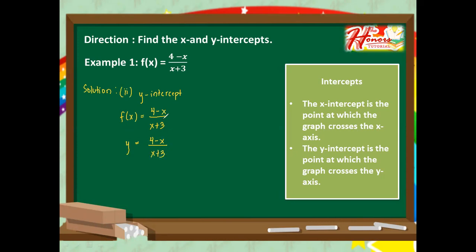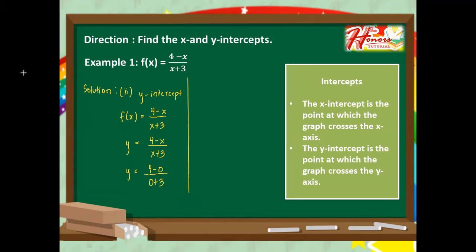Again, to get the y-intercept, you have to change x to 0. So we will be copying y, and all of the x's that we have here at the right side of the equation will be 0. So it will become 4 minus 0 over 0 plus 3 because we already changed x's into 0. Next, let's continue solving.